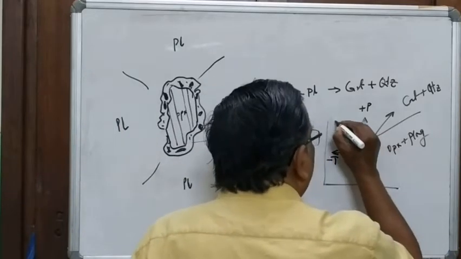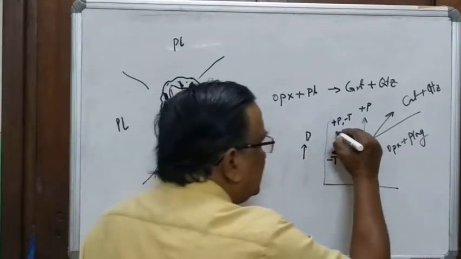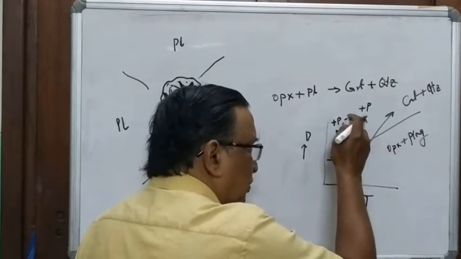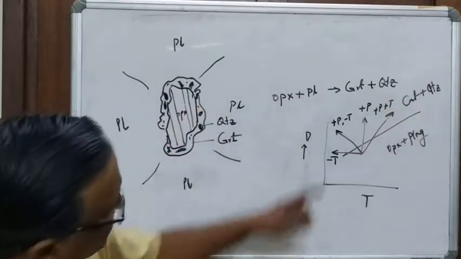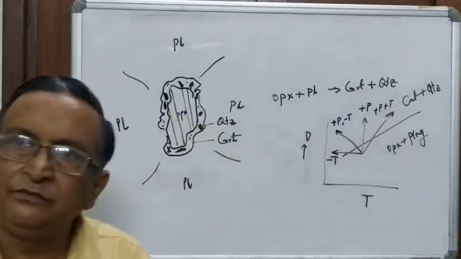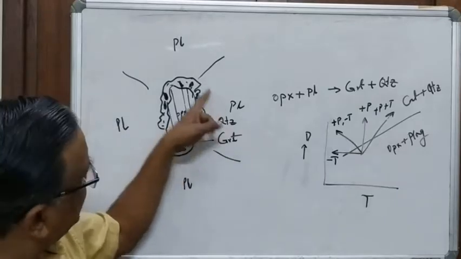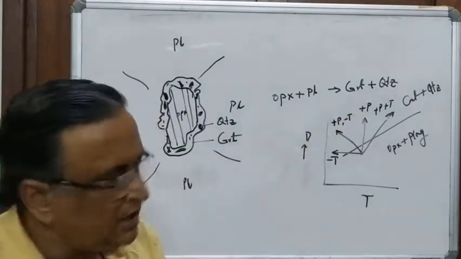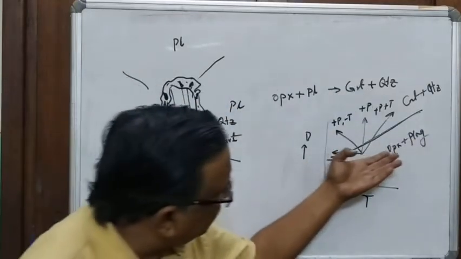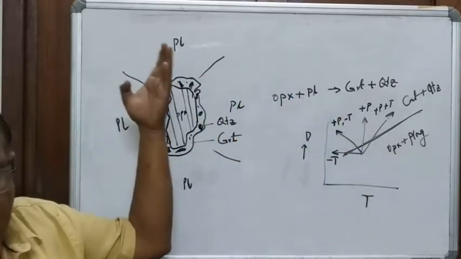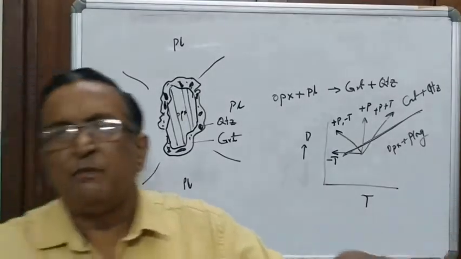This is plus P minus T, that means loading but cooling. And you have plus P plus T, that means loading and heating. This texture, orthopyroxene plus plagioclase and garnet plus quartz, the reaction lies like this. And from the pyroxene plus plagioclase field, if you go to the garnet plus quartz field, you can go different ways.